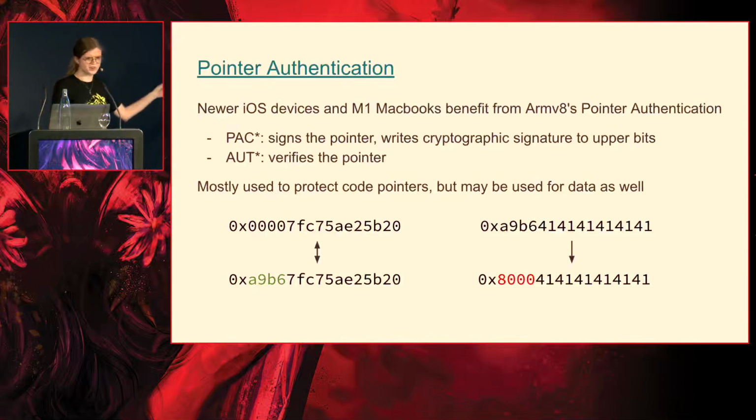Now, if I were to try to corrupt this and use it like we see on the side, when it actually goes through these instructions, the pointer is going to end up like this. It's going to have this high bit set, which will make it invalid, and so when you try to use it, you end up crashing. So this can be kind of tricky to deal with if you are trying to jump to your ROP chain or jump to shellcode at the end of an exploit.